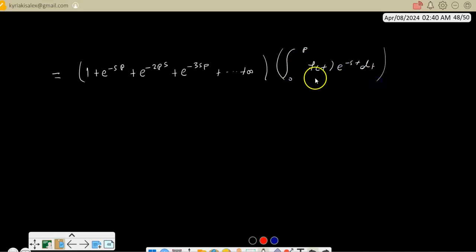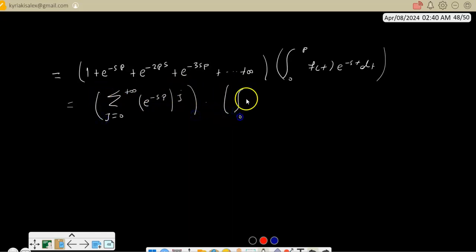I took this integral as a common factor, and here I have the sum from j equals 0 to infinity of e to the minus sp, all to the power of j, times the integral from 0 to p.